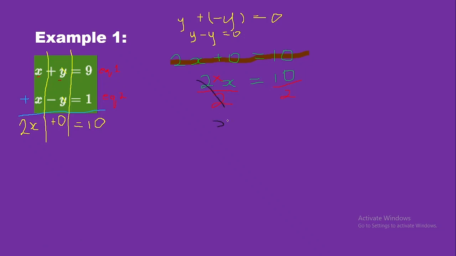That will just leave me with x is equal to 10 divided by 2, which is equal to 5. Alright, so x is equal to 5. Now that we know that x is equal to 5, we can plug or substitute x equals 5 into any one of these two original equations.